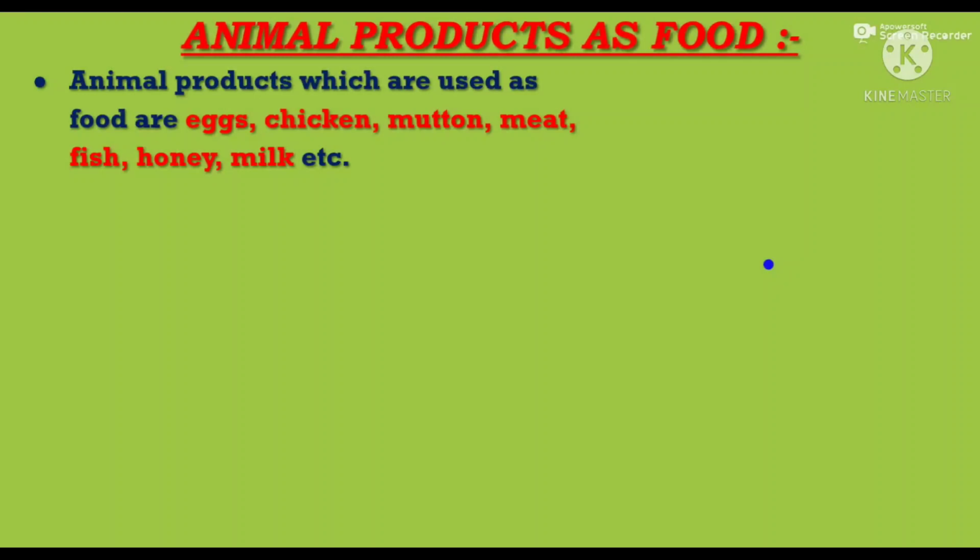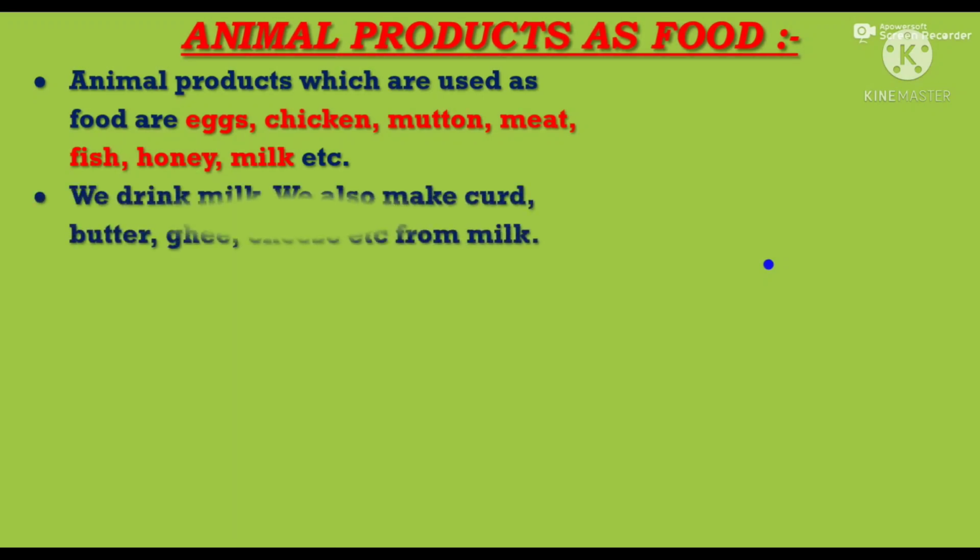Next is animal products as food. Animal products which are used as food are eggs, chicken, mutton, meat, fish, honey, milk, etc. We drink milk. We also make curd, butter, ghee, cheese from milk.